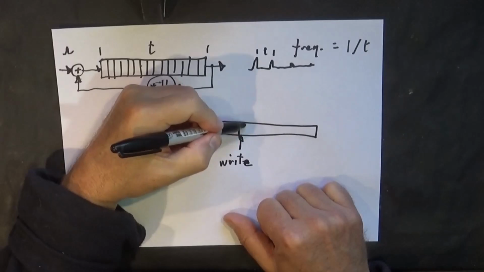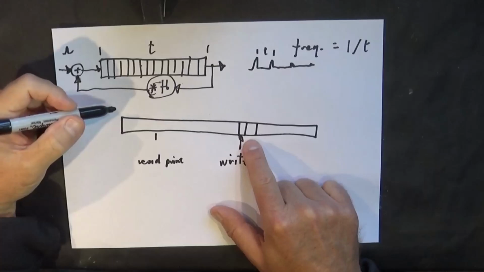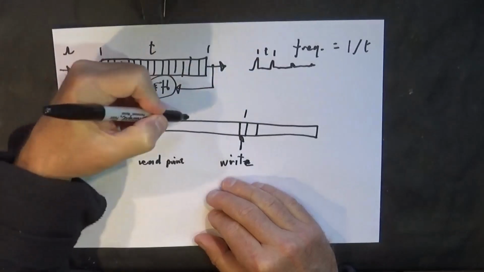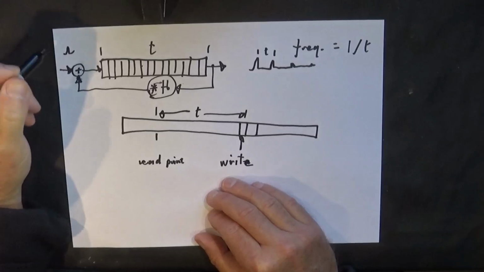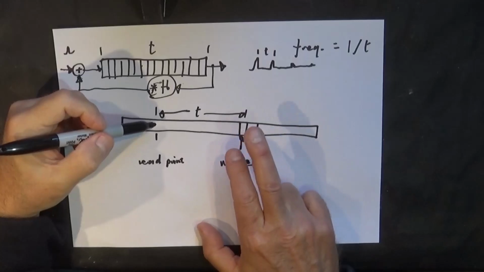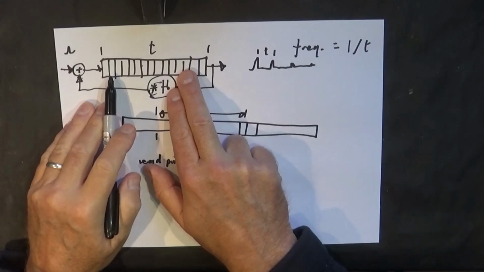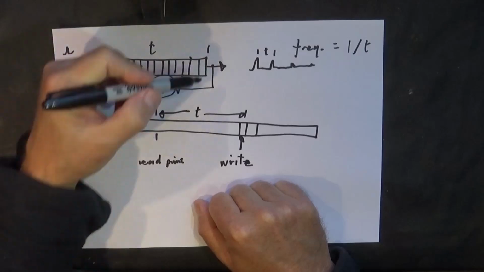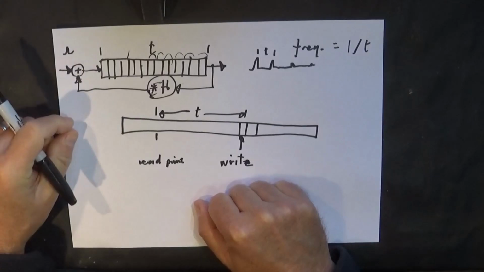Every sample we write a value to the write point, and then for the next we move that pointer on and write to the next point, and similarly the read point tracks behind it, and this is our T. So we just need to write one sample and read one sample, whereas in our original way of doing it we were shuffling all these samples down, which is very wasteful of processor time, just copying between one memory location and the other.